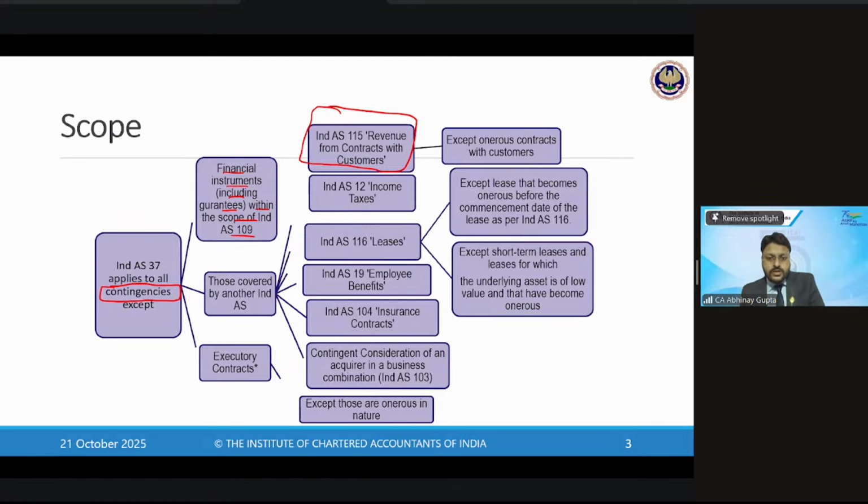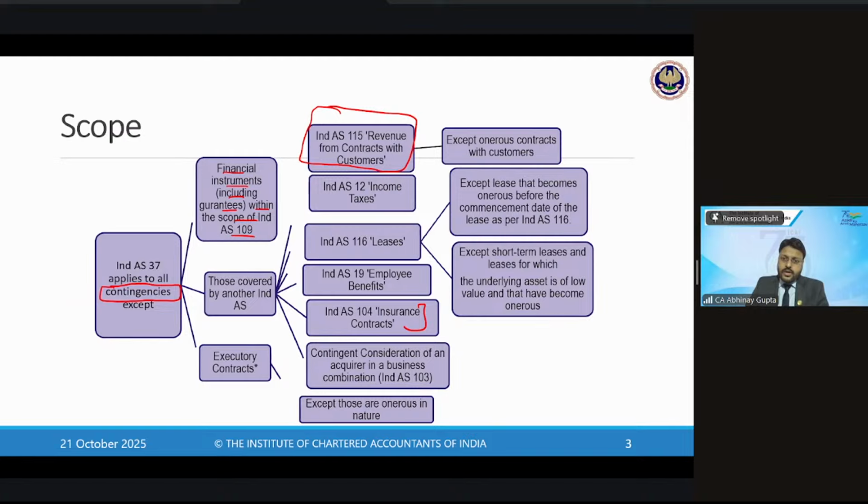Similarly, for insurance contracts, right? Insurance companies do not know whether the claim will arise or not. If the company is into the life insurance business, they do not know whether the insured person will suffer any life threatening disease or not.